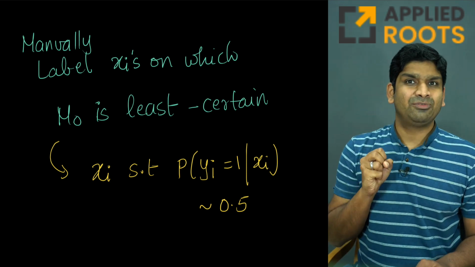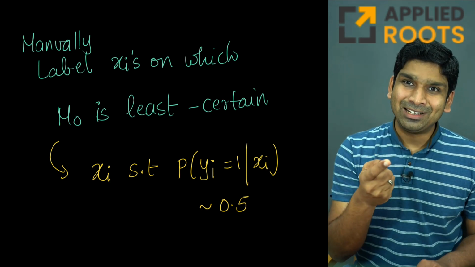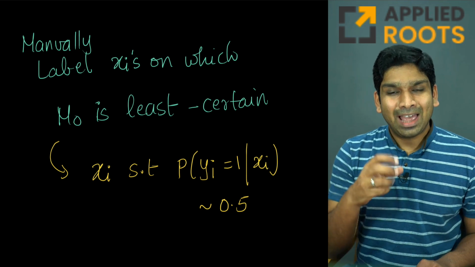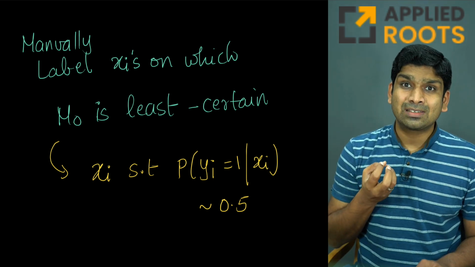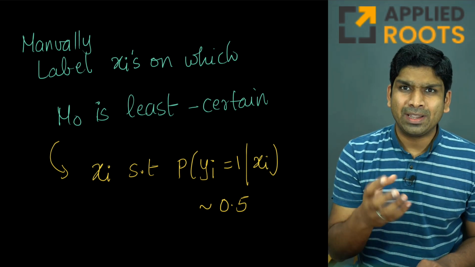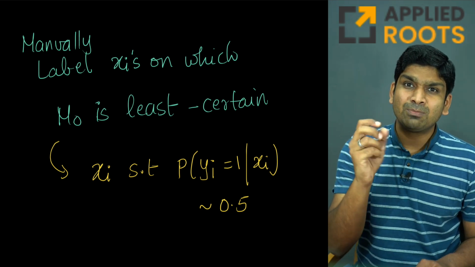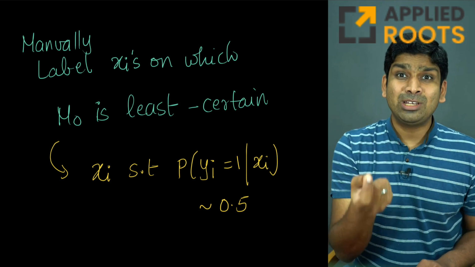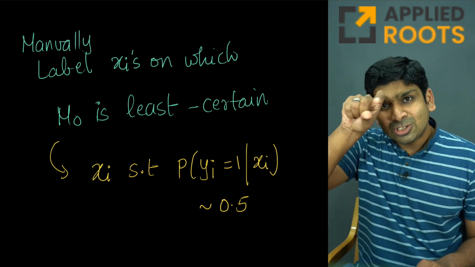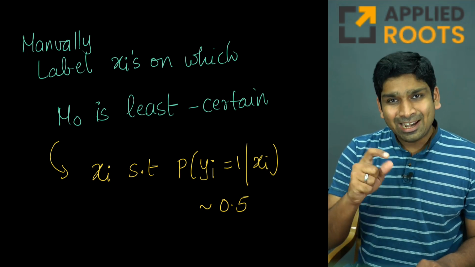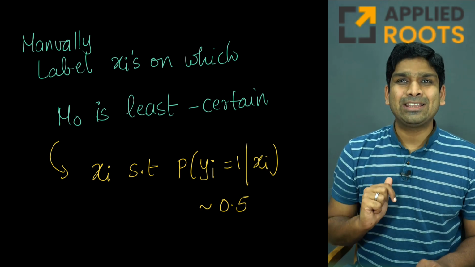So let's take some of these points and get them manually labeled. That's a simple idea. When I get this set S1 of points whose output probability with the initial model is close to 0.5, we will get them manually labeled, and then use them to improve our model M0 and obtain the new model M1. That's the key idea of active learning.